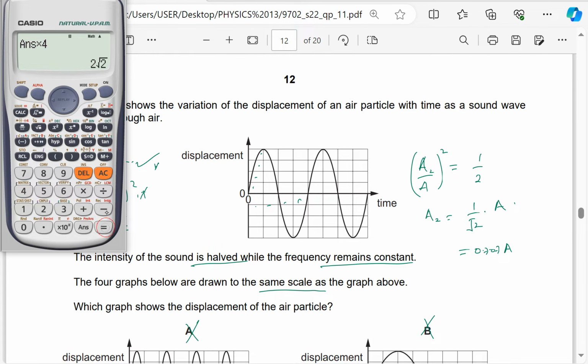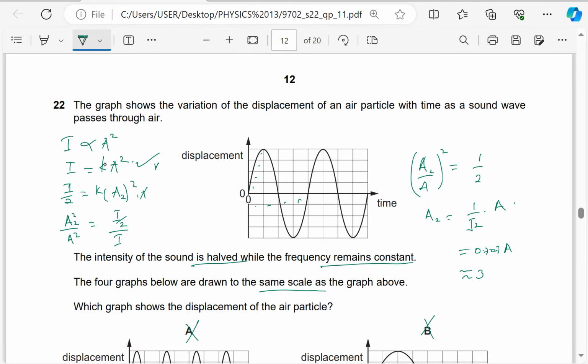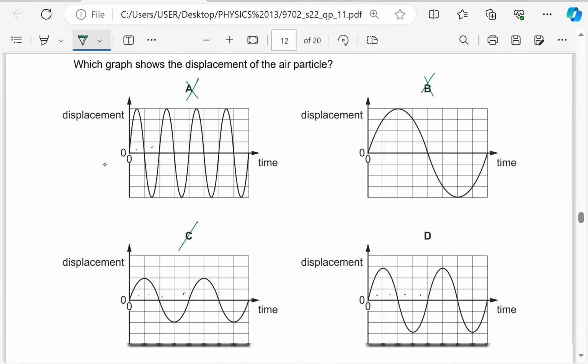So that is approximately close to 3 boxes. I would just say very close to 3 boxes, because the first amplitude was 4 boxes. A is equal to 4 boxes. So it means the second amplitude should be very close to 3 boxes, which means this is wrong, and this is going to be very correct. 1, 2, approximately 3 boxes.